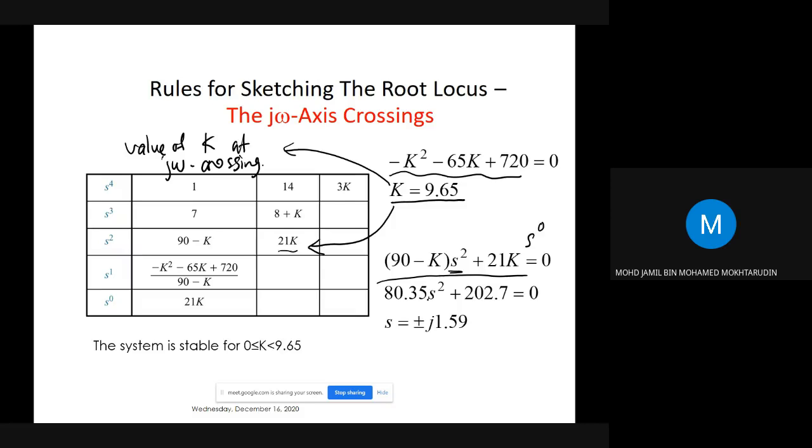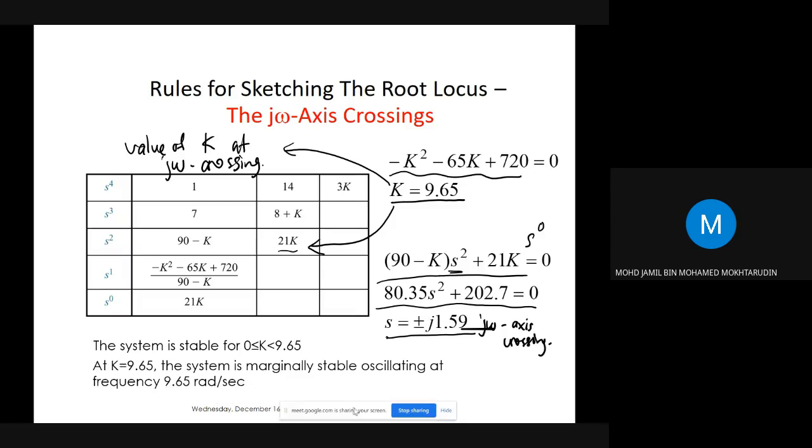Okay, so after you substitute the value of k, you will get this. And then from here, you find the value of S. So S equals plus minus 1.59 J. So this is the JW axis crossing. On the JW axis, the point is at 1.59.